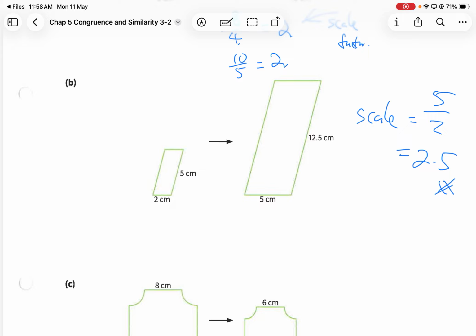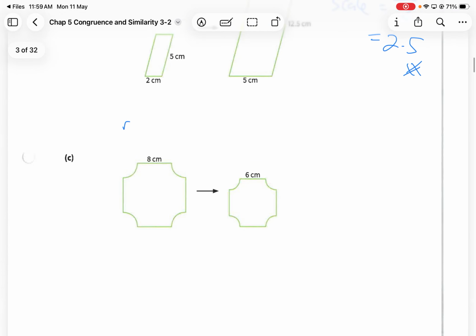Either one of them can. So you notice that this arrow here this time shows you this is the original, this is the image. Similarly, this one is the original, this one is the image.